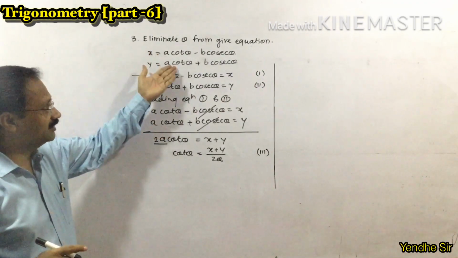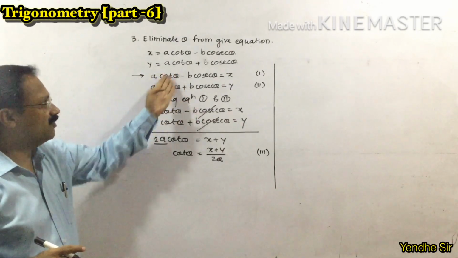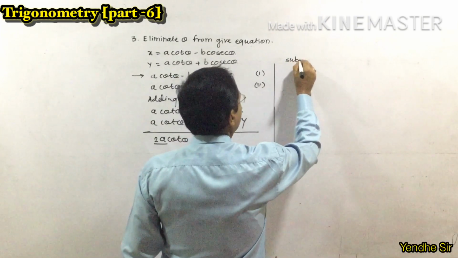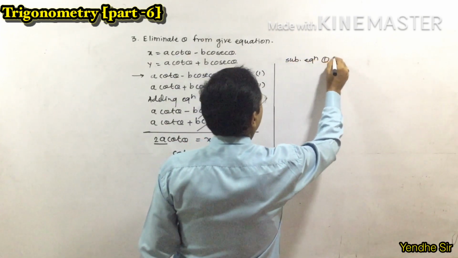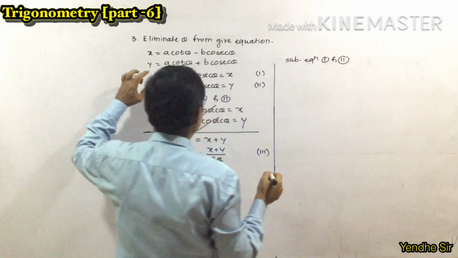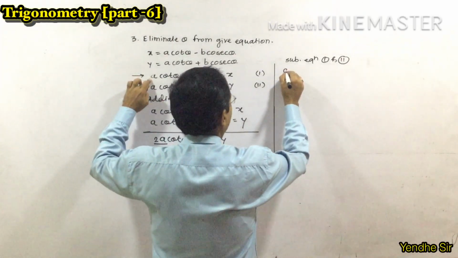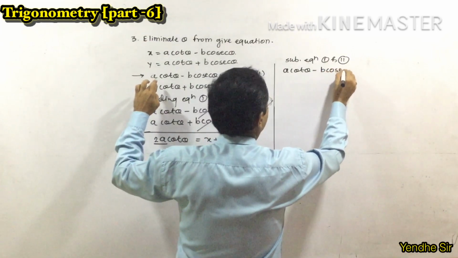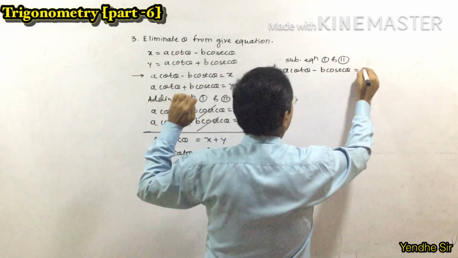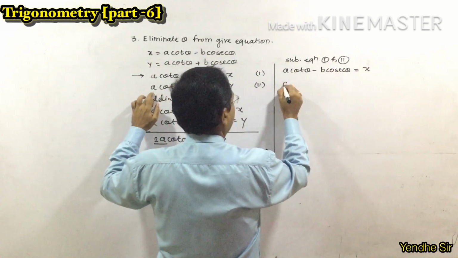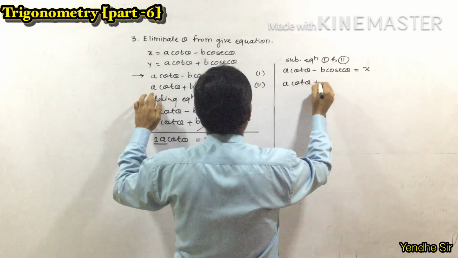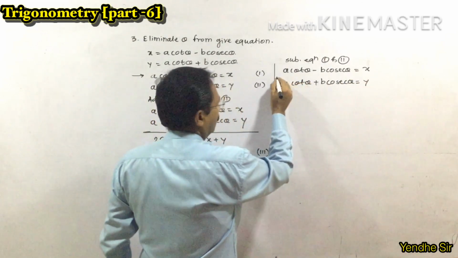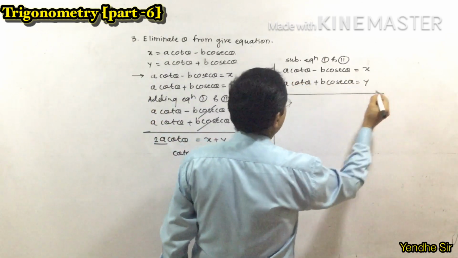Now if I subtract these two equations, then cot will be cancelled. So subtracting equation 1 and 2, I will get it like this. A cot theta minus b cosec theta equals x, and a cot theta plus b cosec theta equals y. While subtracting, you have to change the sign.